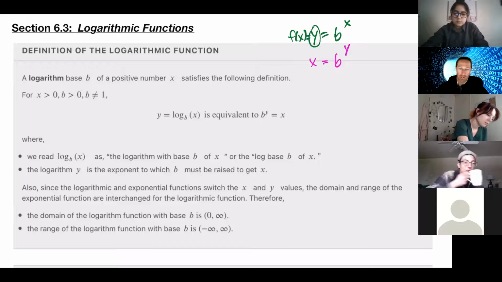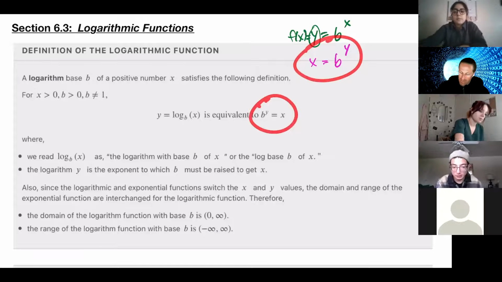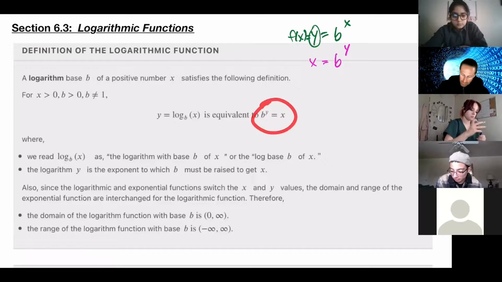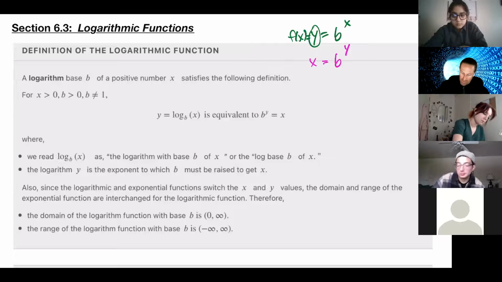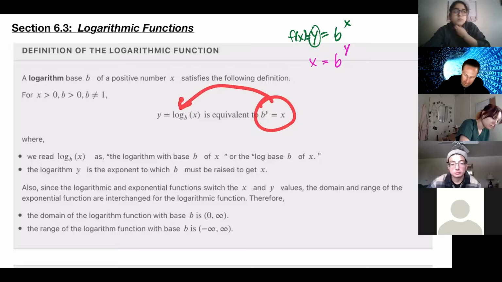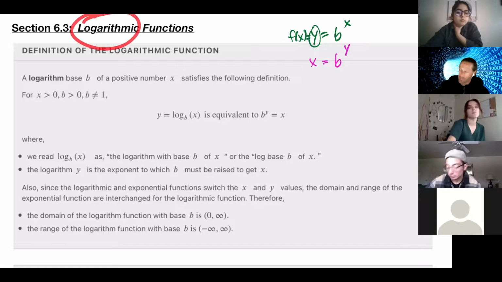All right? So what we're going to first learn how to do is take that x equals b to the y, the inverse, and we're going to learn an alternative form of that, which is, notice, log form. So we want to be able to go from exponential to log form, or log form to exponential, depending on the scenario. Right? And remember, everything has to have an inverse.